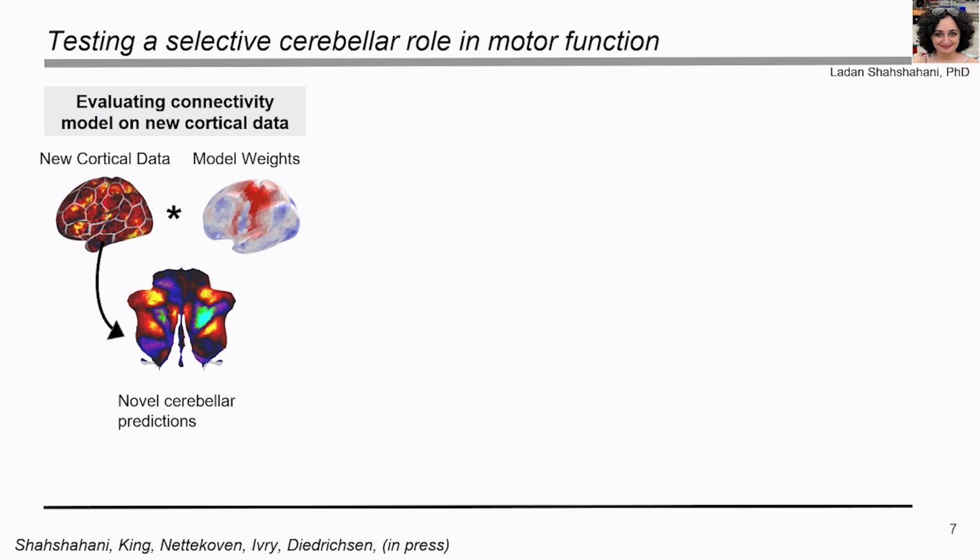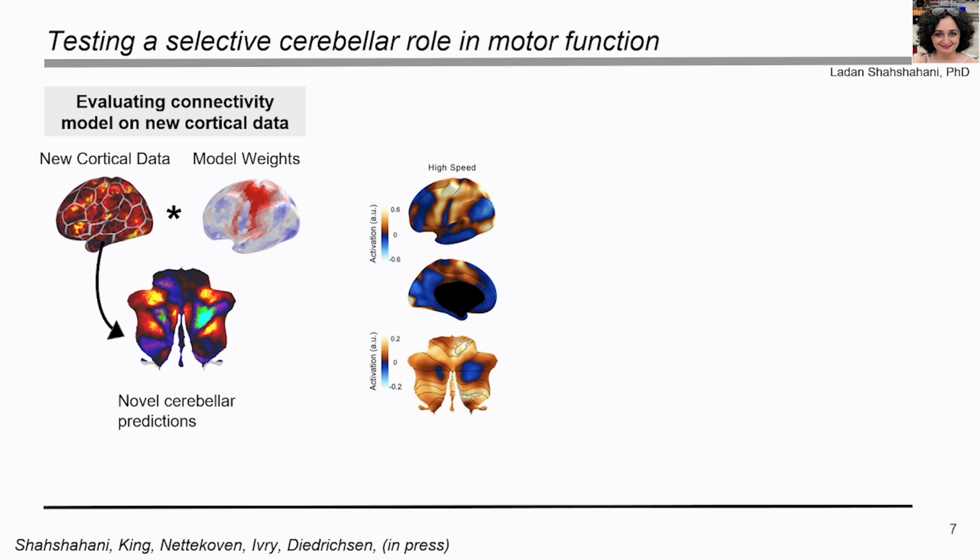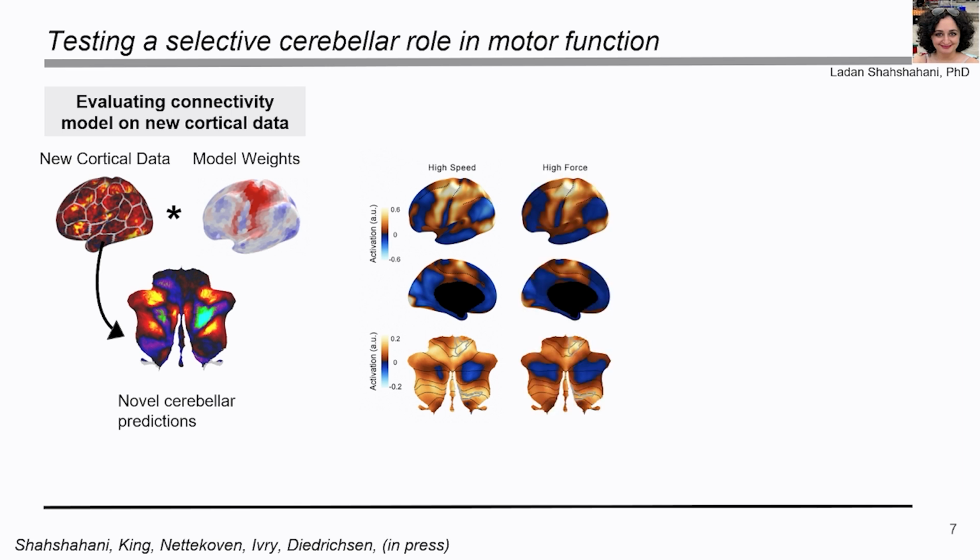One way in which she did this was she took 2 tasks, one a speeded motor task, which is known to reliably activate the cerebellum, but it's also thought to be necessary for the coordination of rapid alternating movements, and this is often impaired in patients with cerebellar degeneration. And she took another task, a high-force task, which similarly activates both cortex and cerebellum, but doesn't seem to be impaired in the same set of patients.